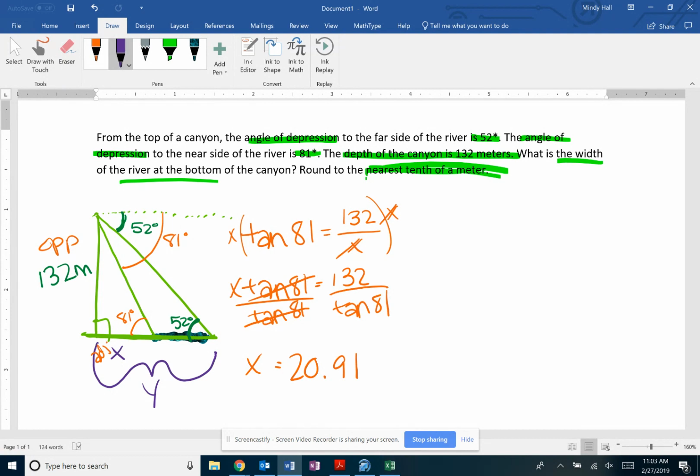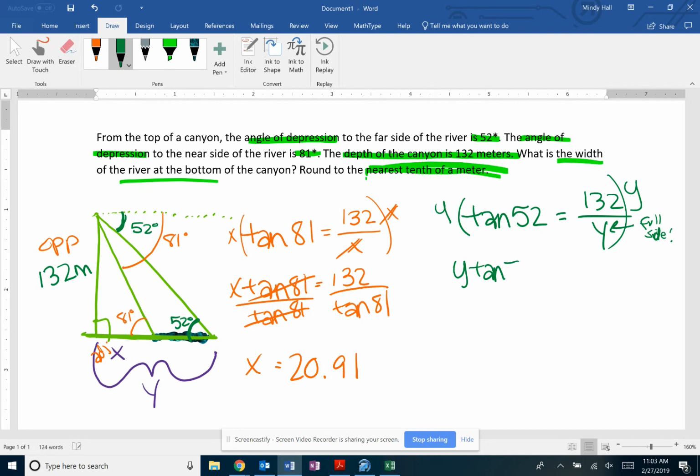And then to find my full length, I'm going to do tangent of 52, because we're moving back. So the tangent of 52, my opposite is still 132, and now my adjacent is Y. And remember, Y is the full length, or the full side. You don't want to forget to subtract. So we do the exact same thing: multiply both sides by Y. So Y times tangent 52 equals 132, and then we divide by tangent 52.